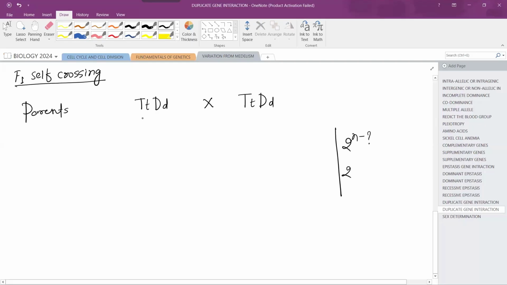Because for now, we are just observing how many types of gamete this parent will produce. So there are only two heterozygous conditions, this one and this one. So 2 to the power 2 is 4. So this parent will produce four types of gamete.